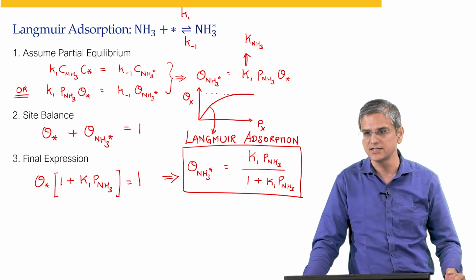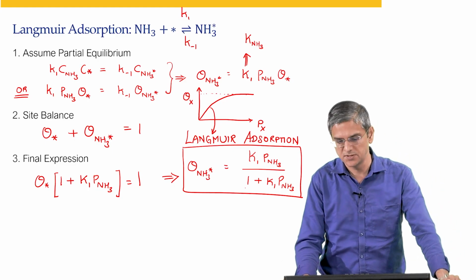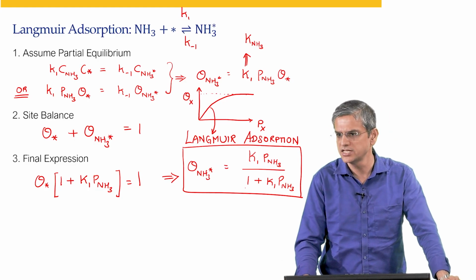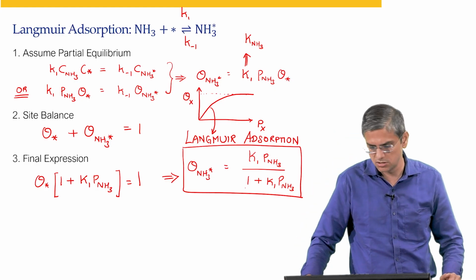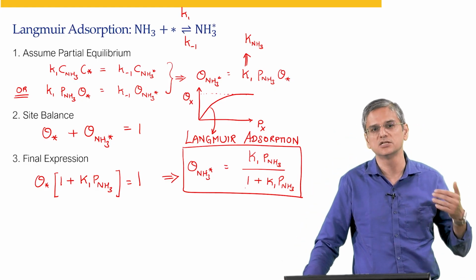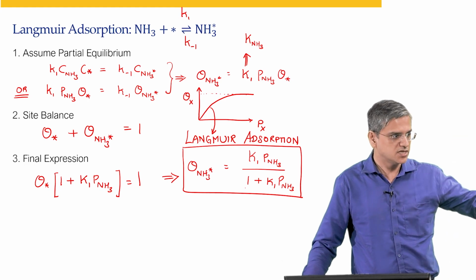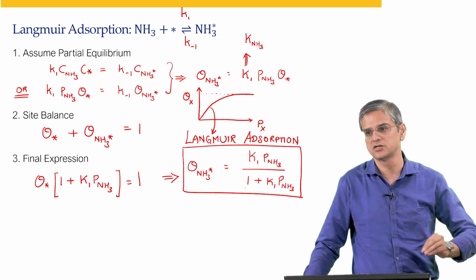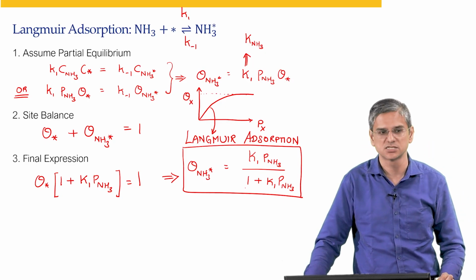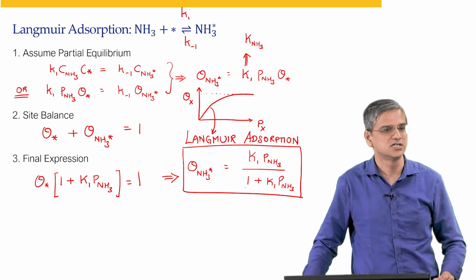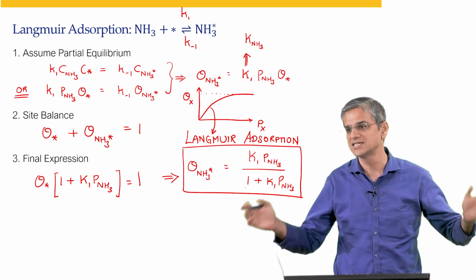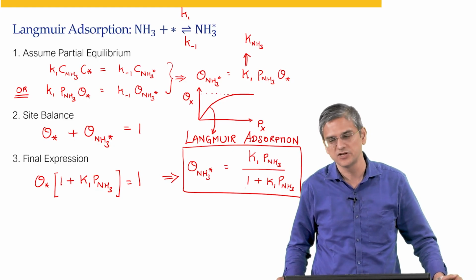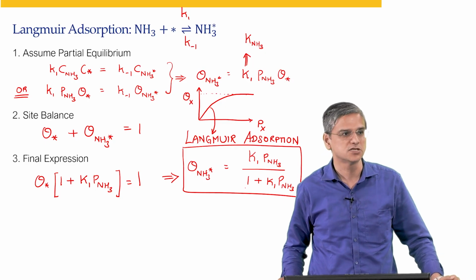That is one. The second assumption, which again we have not talked about specifically, but it will be there in your adsorption course. I think this semester or next semester, I don't know, but that is being taught in your adsorption course, and the assumption over there is that irrespective of what site we are talking about, if it is a particular site and a particular species that is adsorbing on that site, whether it is the first molecule that is adsorbing or whether it is the last molecule on the monolayer that is adsorbing, the energetics of that adsorption, free energy as well as enthalpy of that adsorption, remains exactly the same.